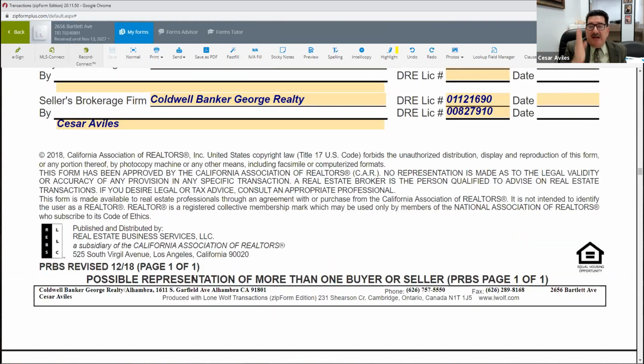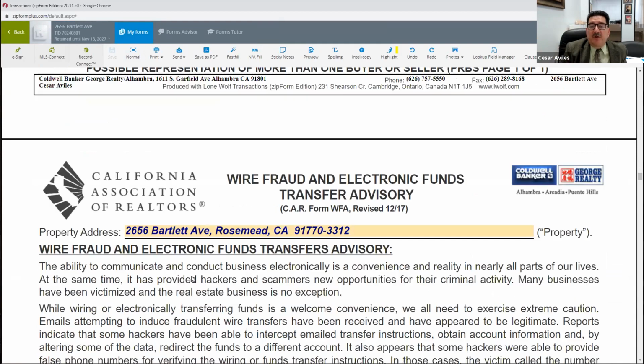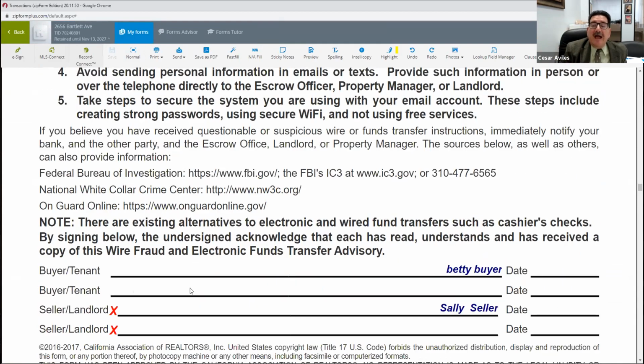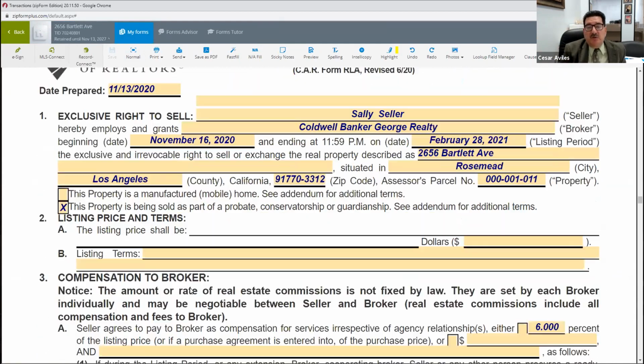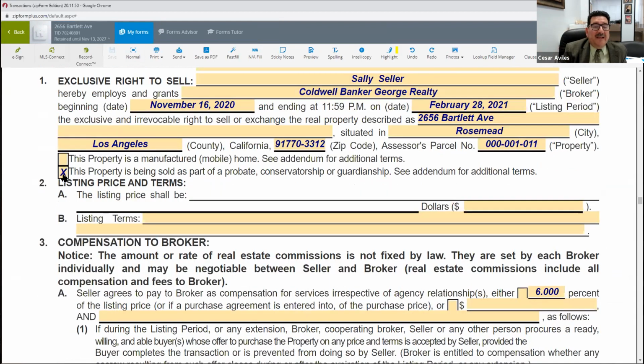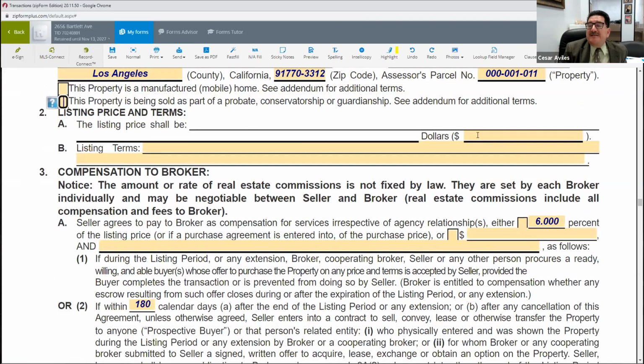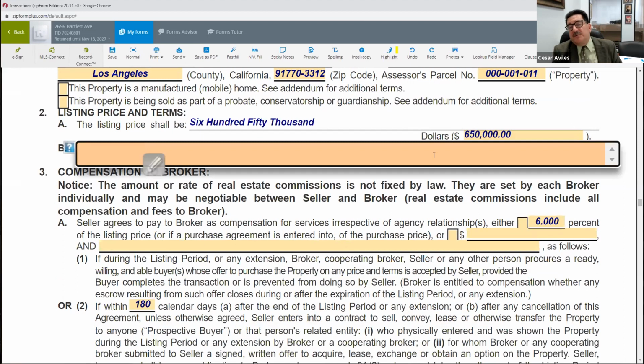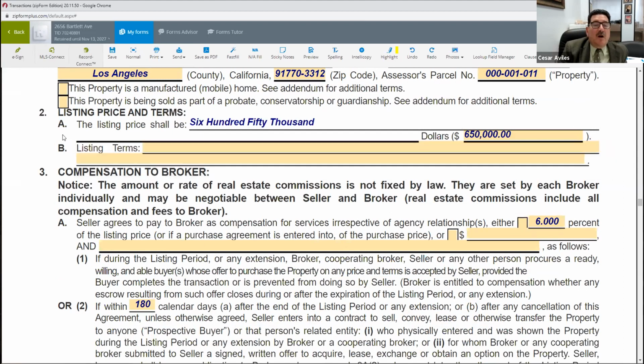Our transaction is always the tree, and we attach those other addendums to the transaction. So we determined that this Sally is still alive, so it is not a probate, so we don't check the boxes. Then we come up with the price, and we're going to sell this property for $650,000. We would like to get multiple offers, 3 bedrooms, 2 bath, in Rosemead. So somewhere around that price.